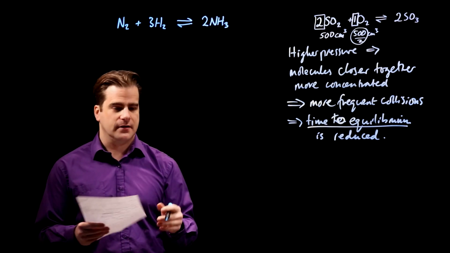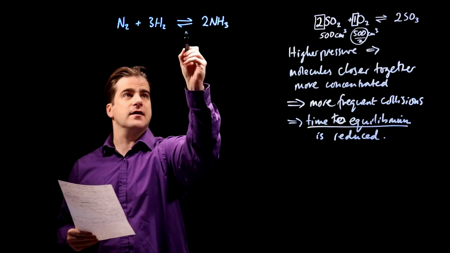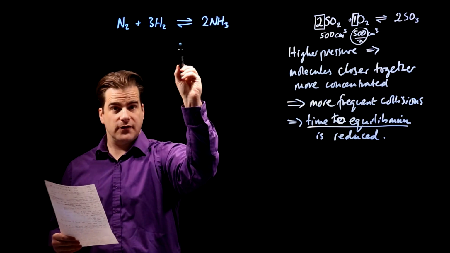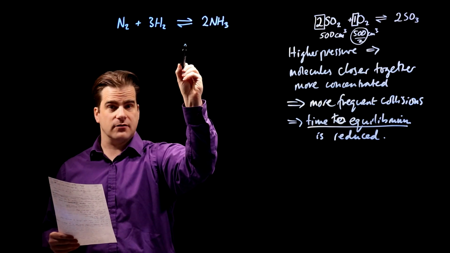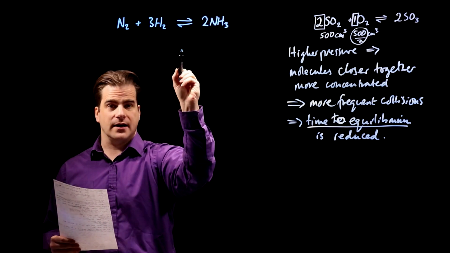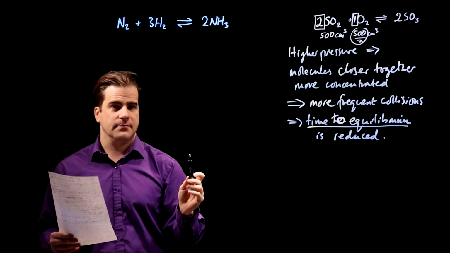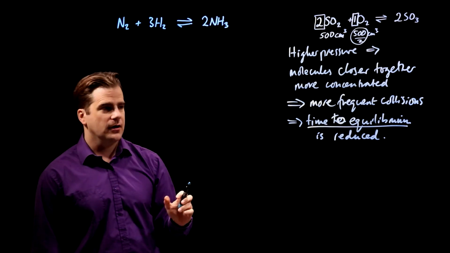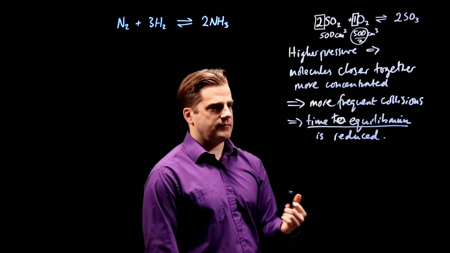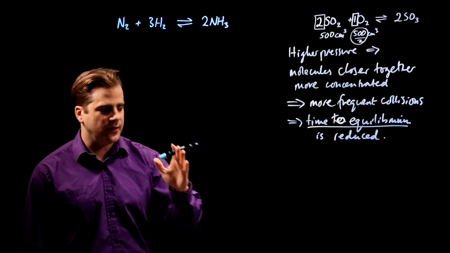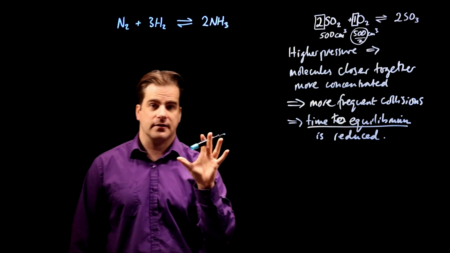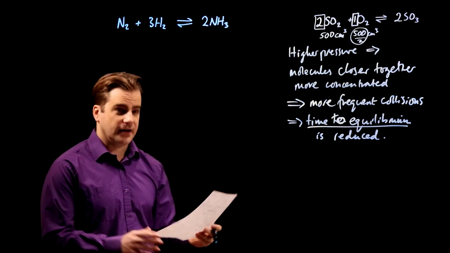You have to know this. This is done at 150 atmospheres, 450 degrees C, and with an iron catalyst. Those are the optimum conditions. Although sometimes it's taught as 200 atmospheres. Between 150 and 200 atmospheres is fine, okay? It's a very high pressure.